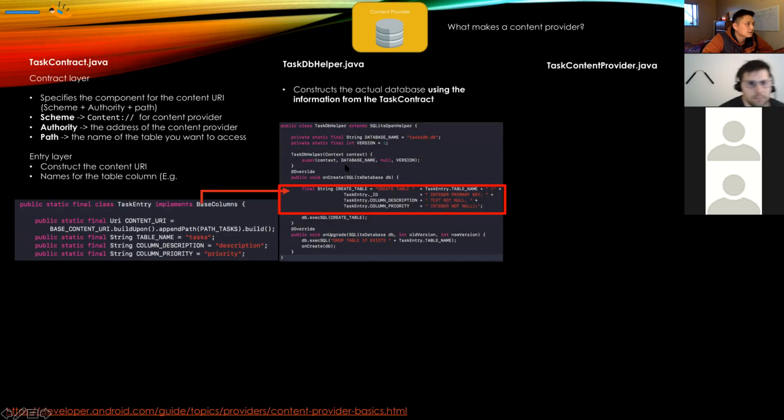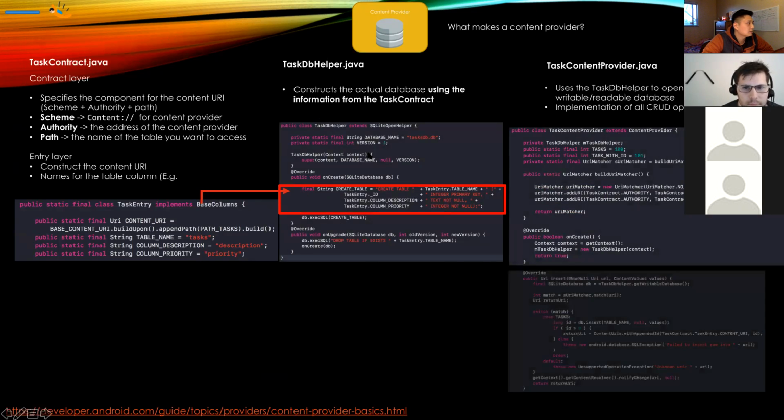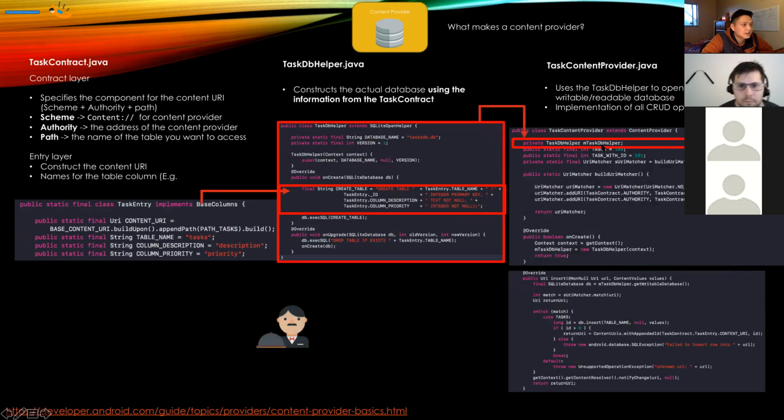Can you see? Mm-hmm. So this guy relies on this guy, okay? And also, the task content provider needs the task DB helper to initialize this guy here.